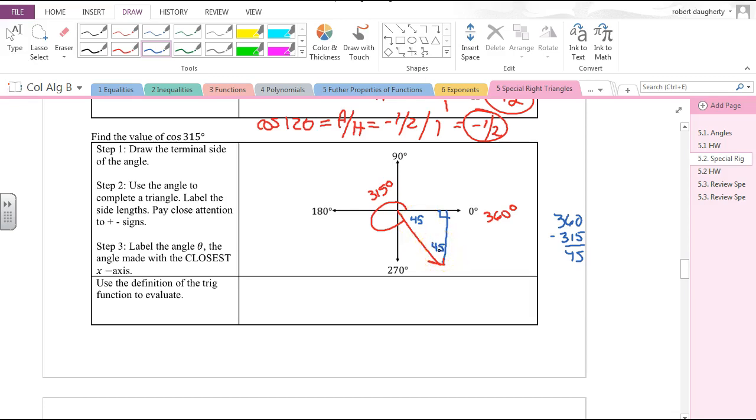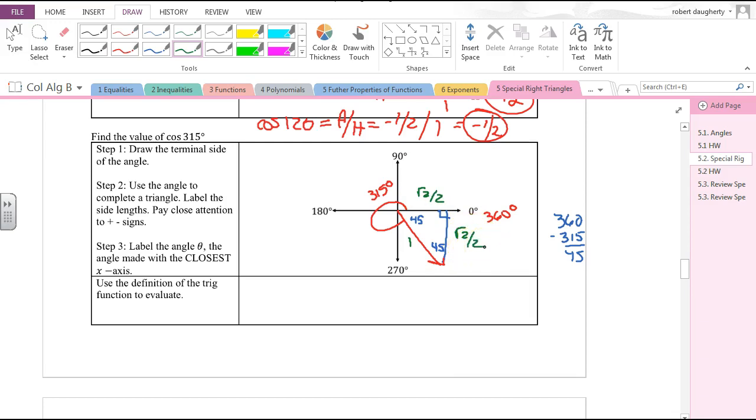This is a special right triangle called a 45-45 right triangle. With a 45-45 right triangle, the hypotenuse is 1. Hypotenuse is always 1 in all of these problems. Always positive 1. And then the other sides on a 45 are square root of 2 over 2.